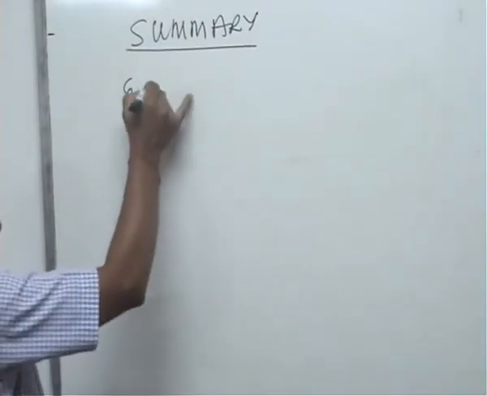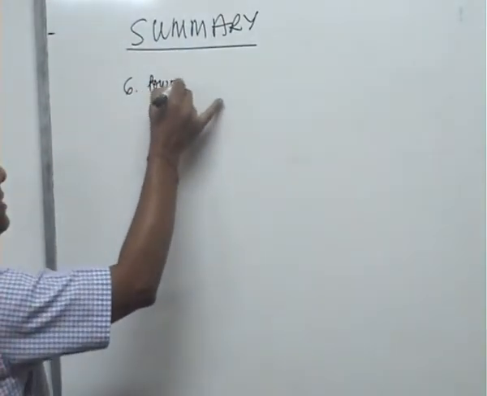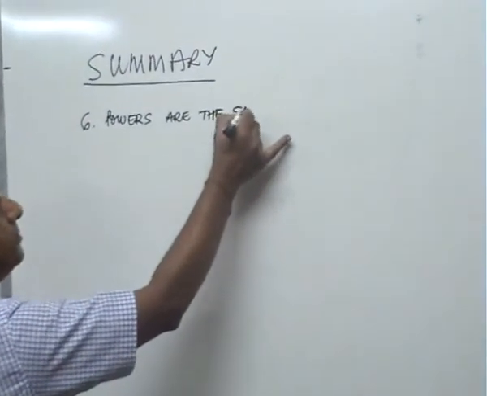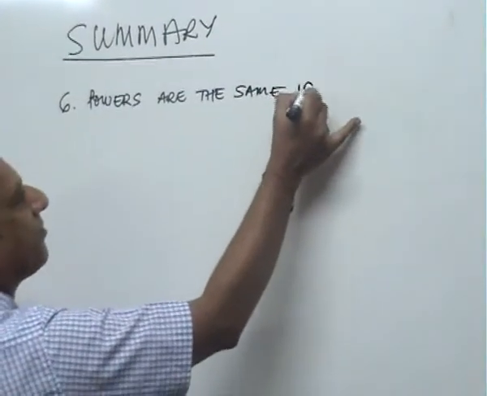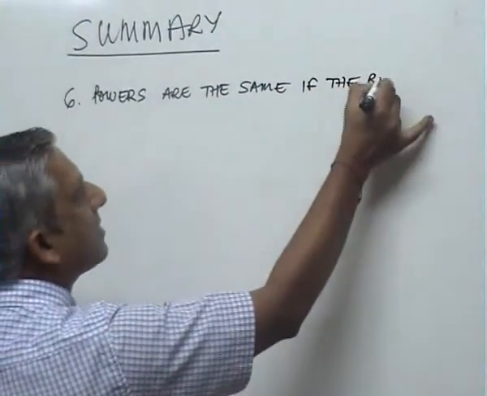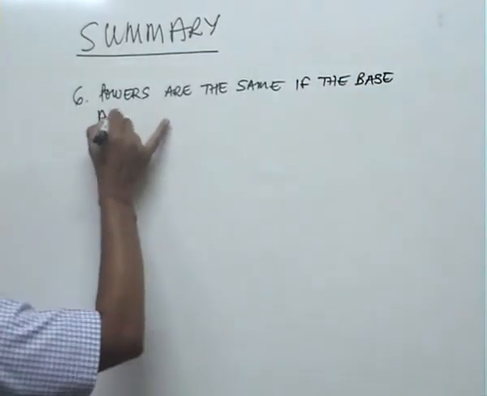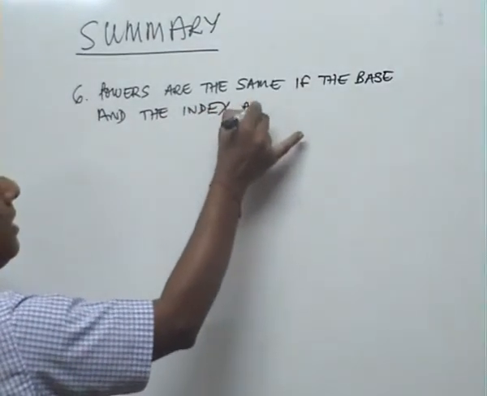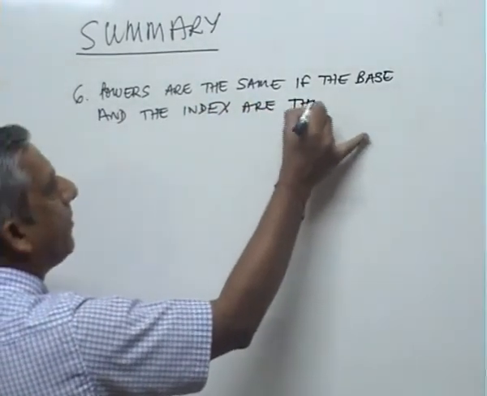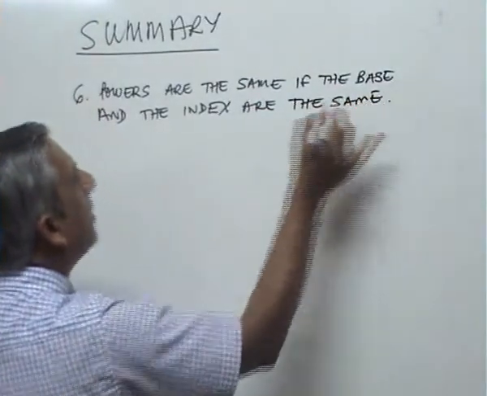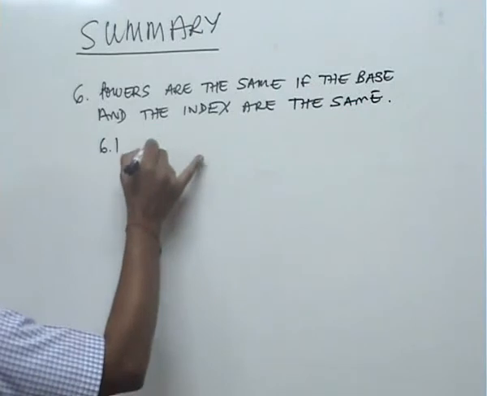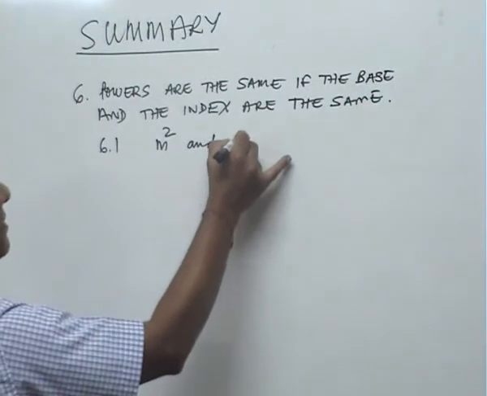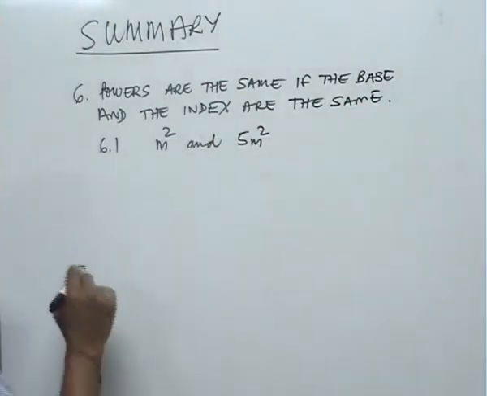Then number 6, we said powers are the same if the base and the index are the same. 6.1, m squared and 5m squared.